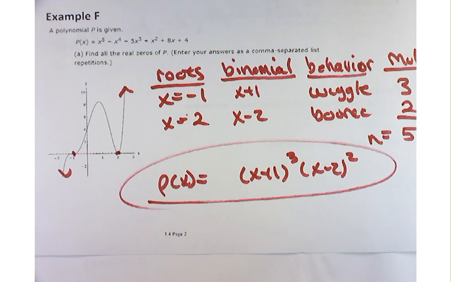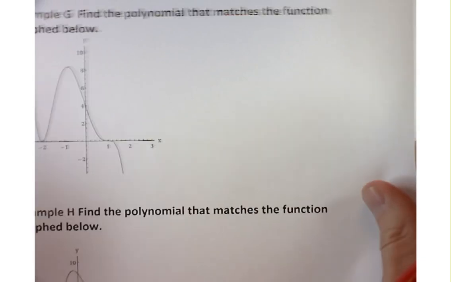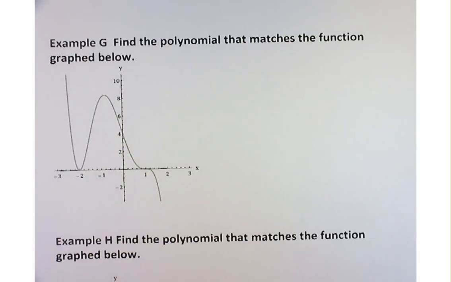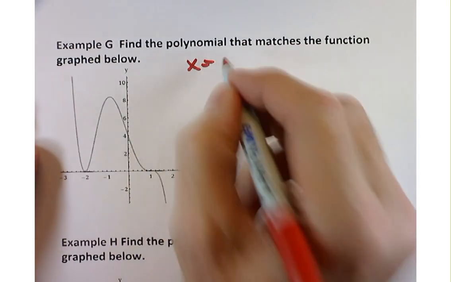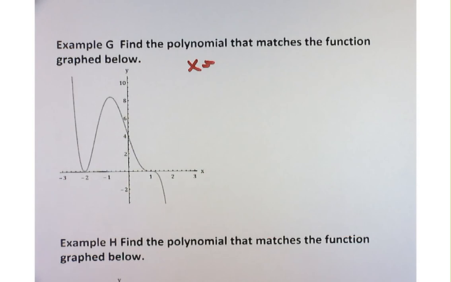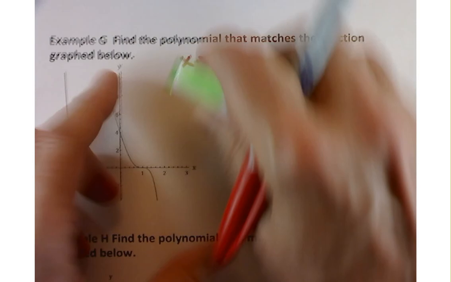Okay, 2 more. Again, we're going to reverse engineer these. I'm going to give you a chance to reverse engineer these. If you're watching this later at home, then pause the video and see if you can't race ahead and figure out the polynomials here. So the first thing I want to do is decide what the roots are.